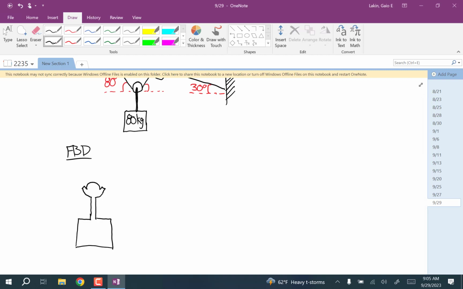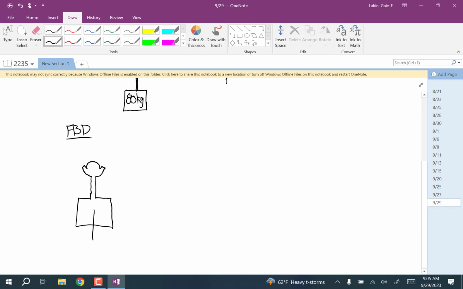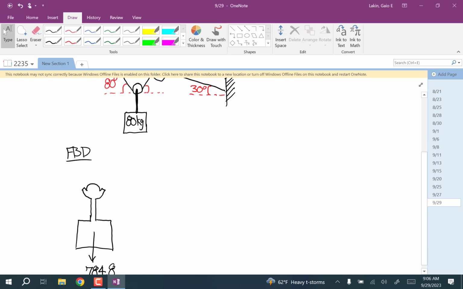Okay, and so what forces are acting? There's a downward force of 784.8. And then the only other place the surroundings make contact is, you can think of it as you're isolating some of that cable, and the cable that you're not including is pulling on the part that you are including.